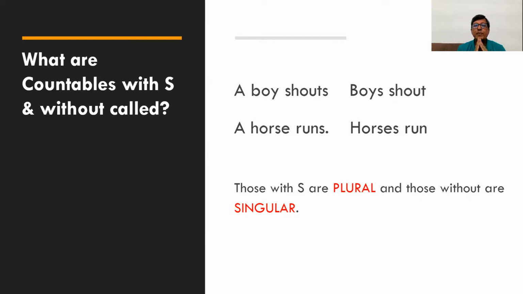Let's see that. A boy shouts, that becomes boys shout. A horse runs, horses run. So those with S are called plural and those without S are called singular. Singular, like boy or horse, stands for one, and plural, boys, horses, or any other plural, they stand for more than one.